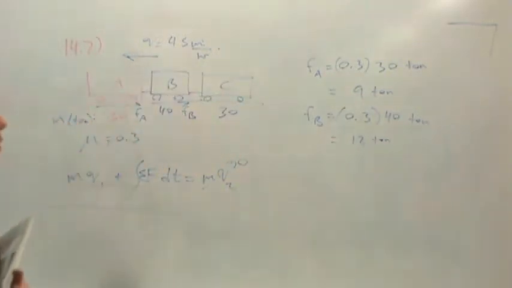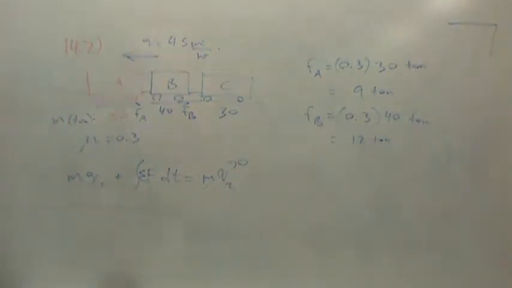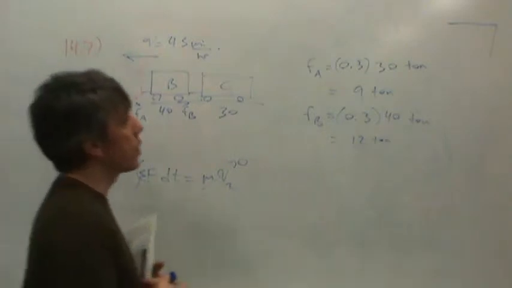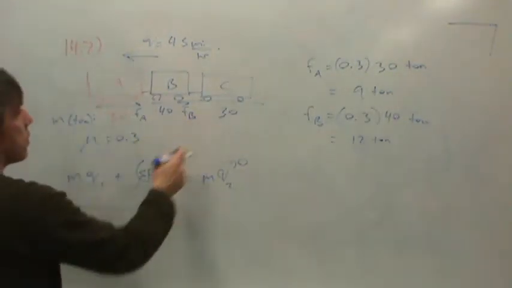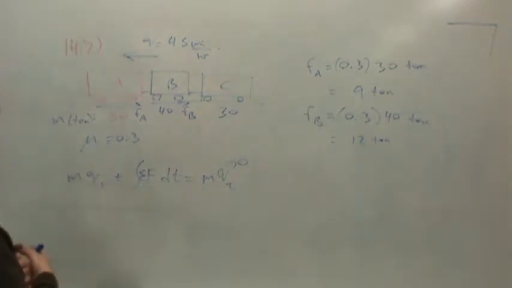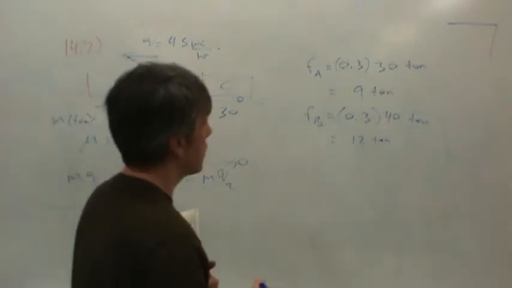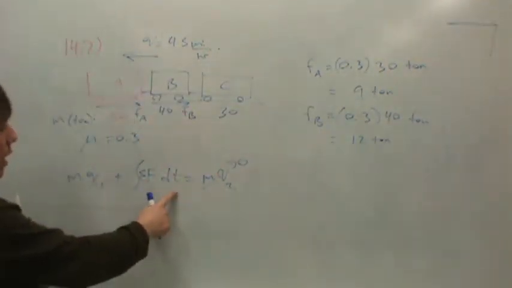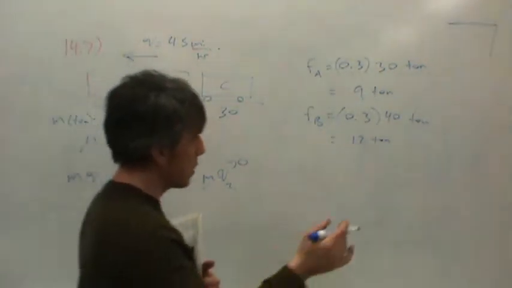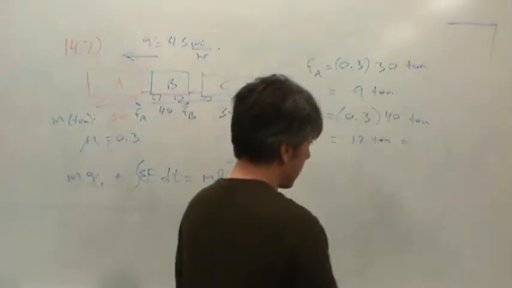Okay, now to make sure that everything works out all right, I'm going to go ahead and convert the force here into pounds force, and I'm going to convert the weights into pounds mass so that all of my units will work out properly. Since I have to multiply force times time here, I want to make sure I get the result right. So I'm just going to do it the safe way and go to pounds force.